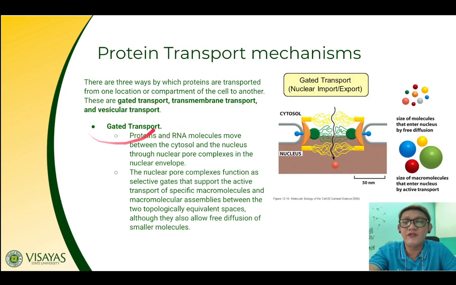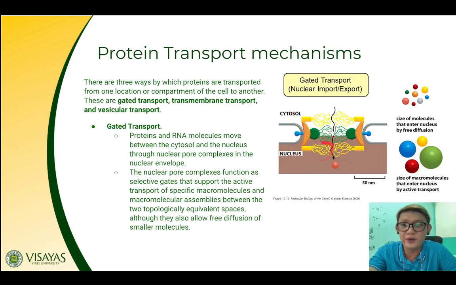Let's talk first about gated transport. Proteins and RNA molecules move between the cytosol and the nucleus through the nuclear pore complexes in the nuclear envelope. This is an example of gated transport. Here you have the nuclear pore complex between the cytosol and the nucleus.